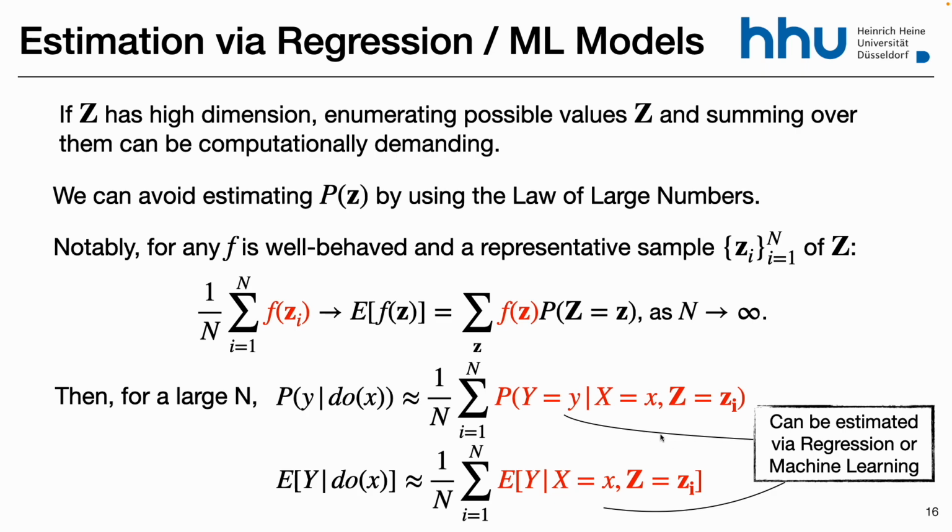As long as I can estimate these functions, and you can estimate expectation through regression, if y is binary or categorical you can use classification, so you can use machine learning for this. Otherwise, you can use non-parametric methods for regression as well, or even deep learning methods for regression. But you have ways to estimate y for even high dimensional z's.